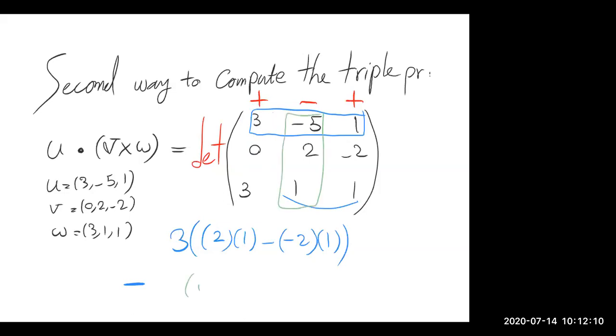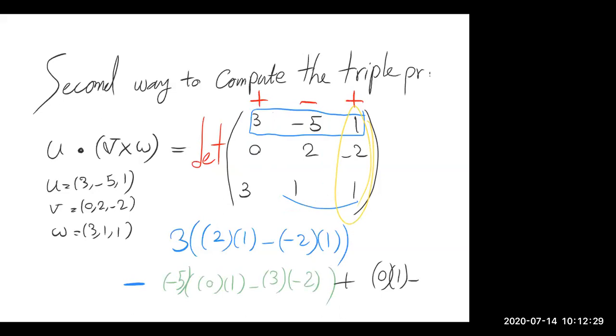The determinant would be 0 times 1 minus 3 times (-2). We would multiply it by -5. There is another minus sign there. And finally, we look at the last column: 0 times 1 minus 2 times 3, and we multiply that by 1.